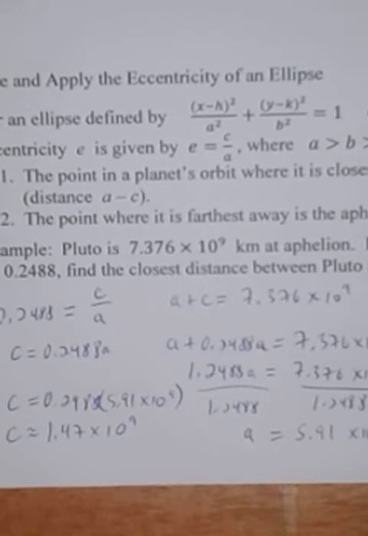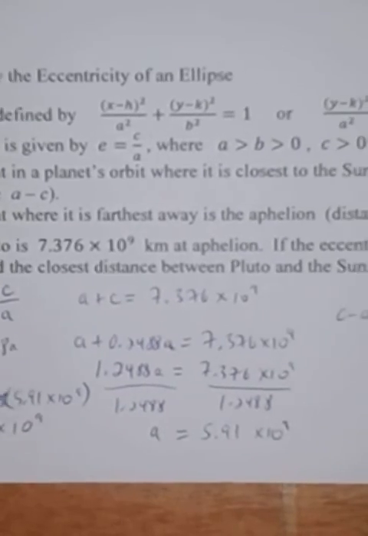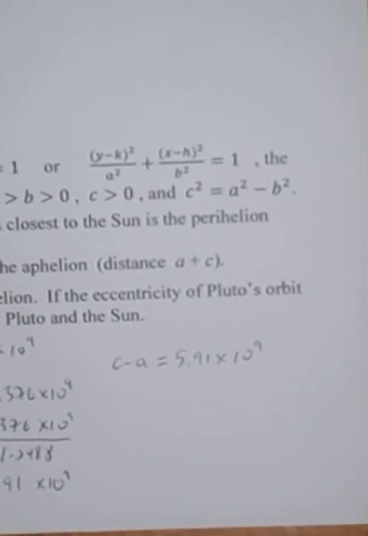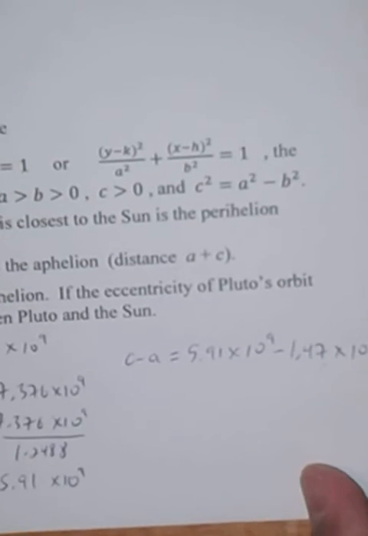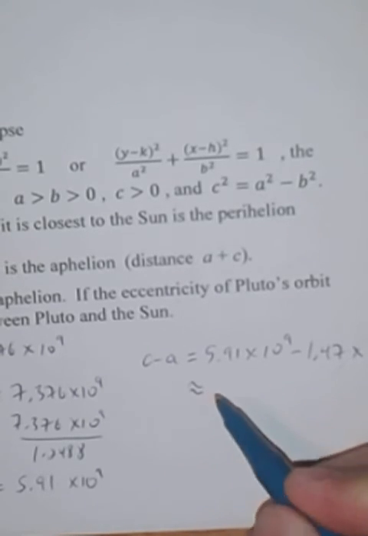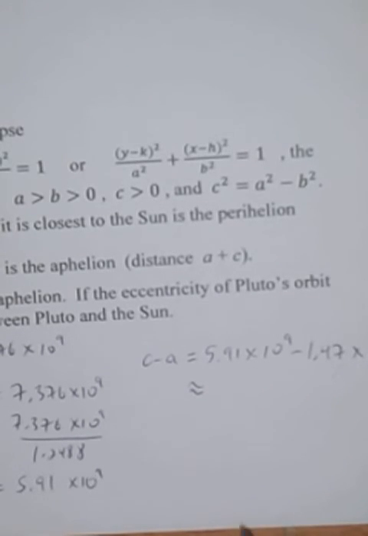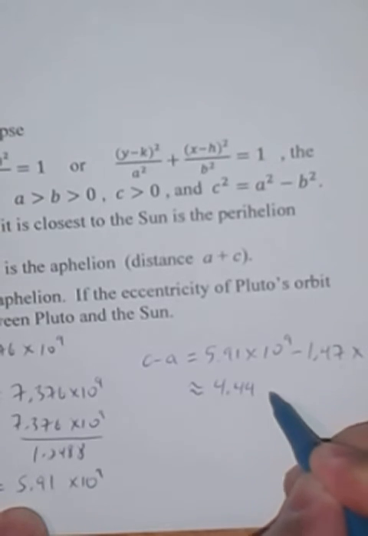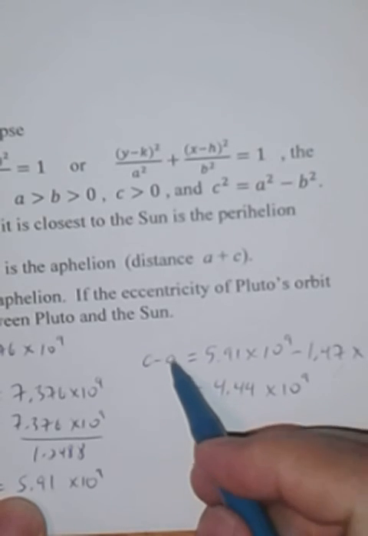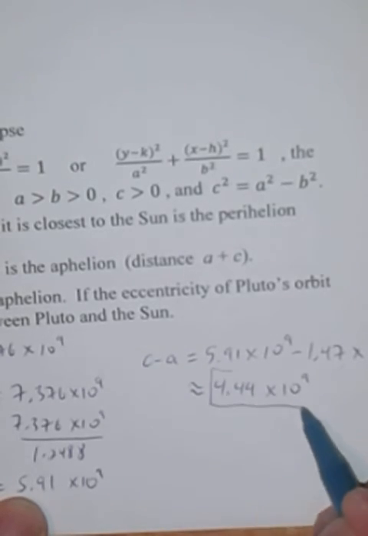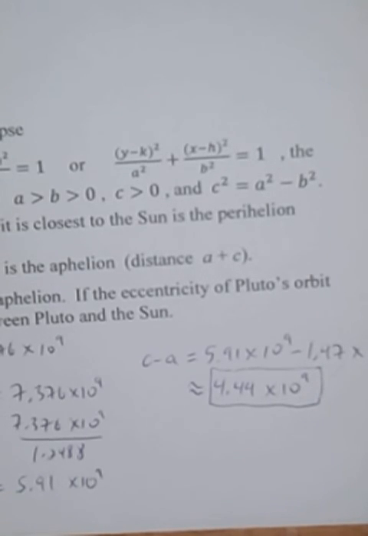Now we can do a minus c. So a minus c is going to be 5.91 times 10 to the 9th minus 1.47 times 10 to the 9th, which is about 4.44 times 10 to the 9th. So that's our answer. a minus c, the closest point, is 4.44 times 10 to the 9th.